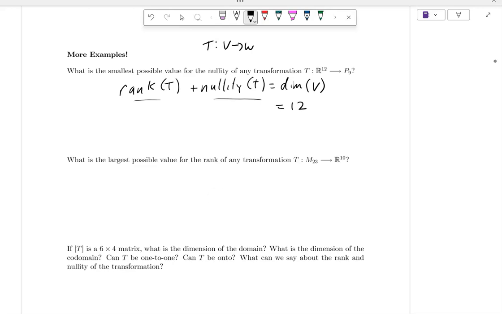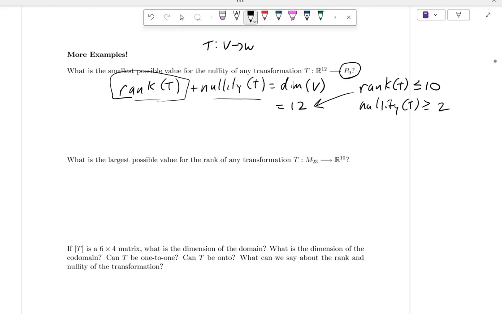What's the very biggest that this rank part could be? Well, the biggest it can be is if your transformation is onto, right? So the rank has to be less than or equal to 10, because that's the dimension of the output space in this case. If everything has to balance and make it up to 12, then your nullity has to be at least 2.